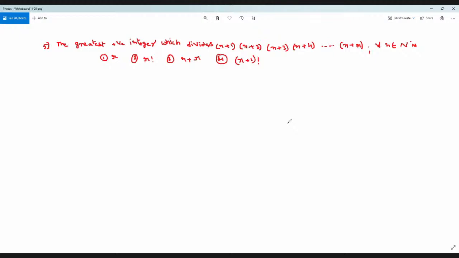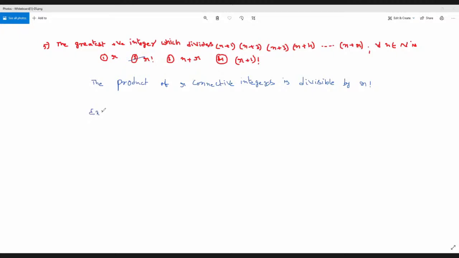Please note down: the product of r consecutive integers is divisible by r factorial. General statement or example.